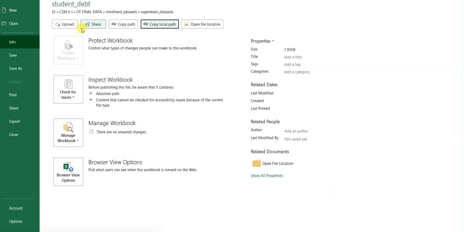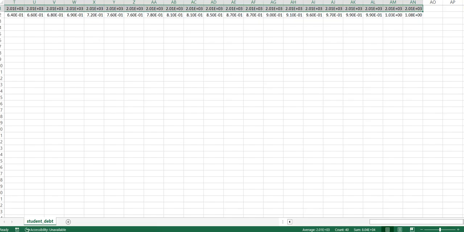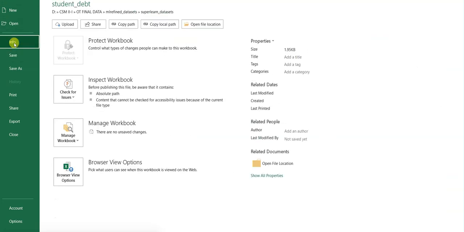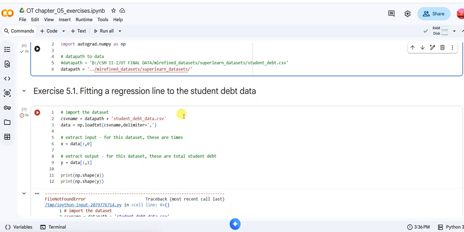In the file information, copy path. If I paste the path here, it shows some error.